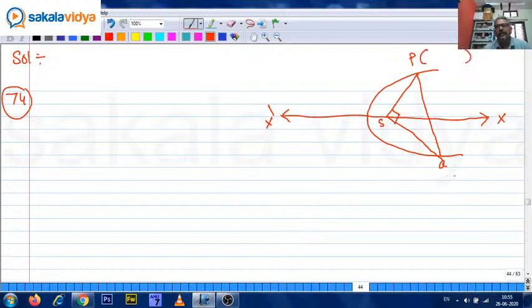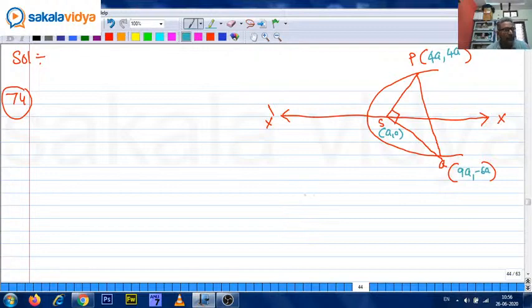Then this can be taken as, already we have discussed, see, this will be 4a comma 4a. So focus is a comma 0, we know. This will be 9a comma minus 6a. You need to remember this one.